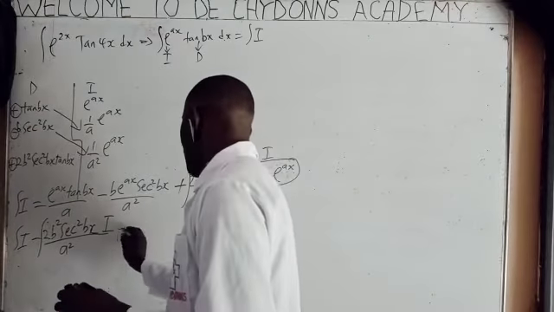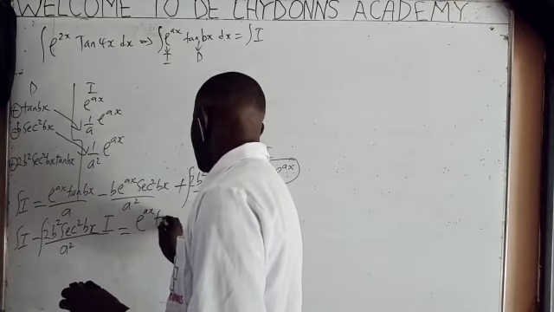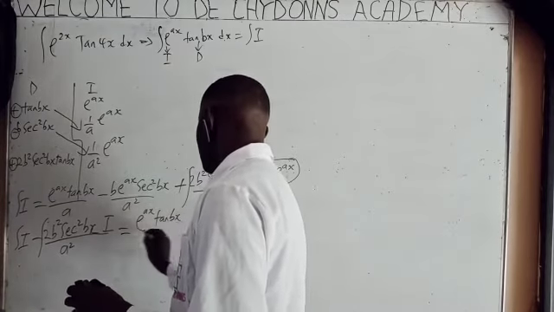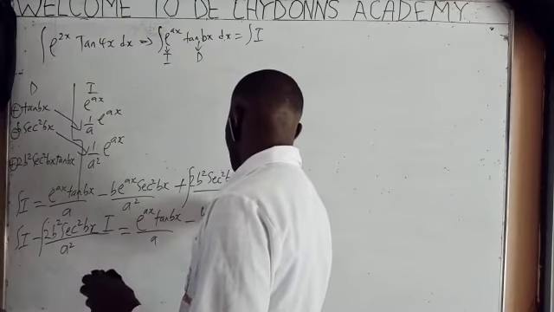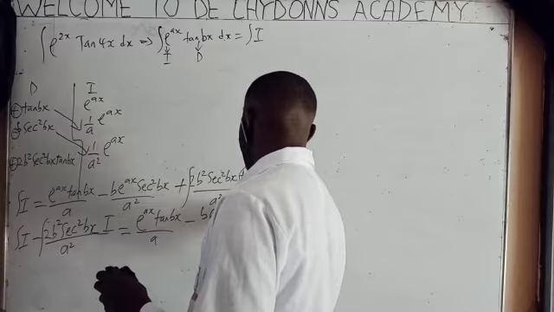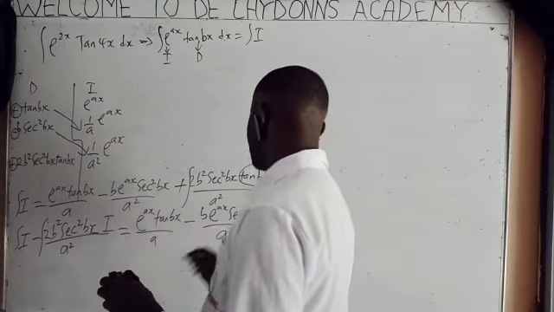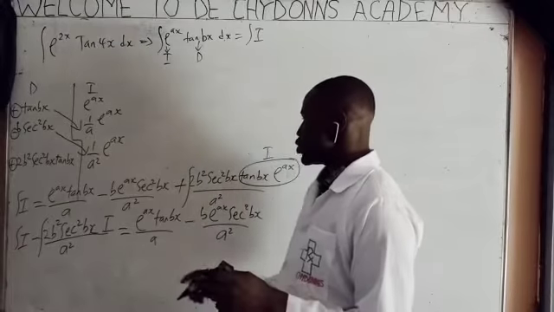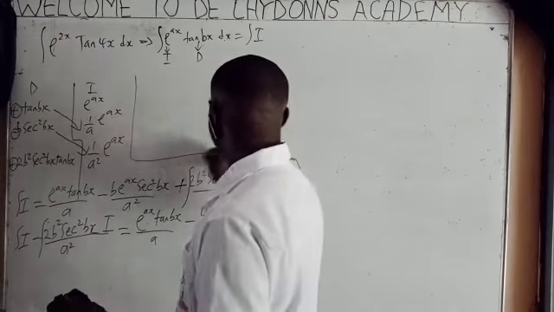Okay? Equals exponential ax tan bx all over a minus b exponential ax sec square bx all over a squared.